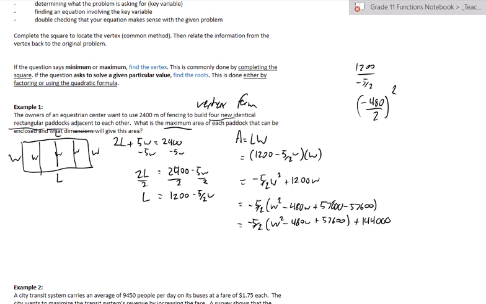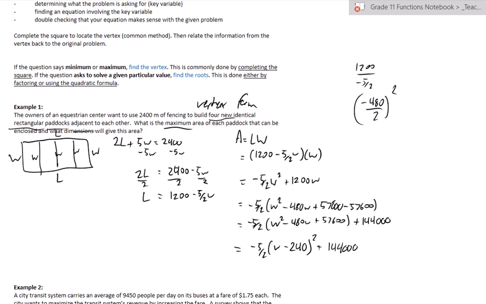Remember, every single time it's going to be the variable, so w minus your magic number. Remember, the magic number, when we were completing the square, was the coefficient of x, or w in this case, divided by 2. So that's going to be 240, or negative 240 squared, and then we have plus 144,000.